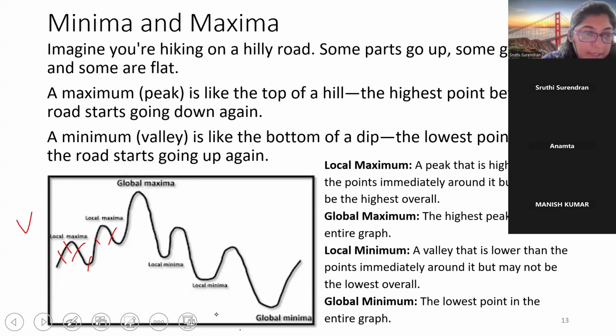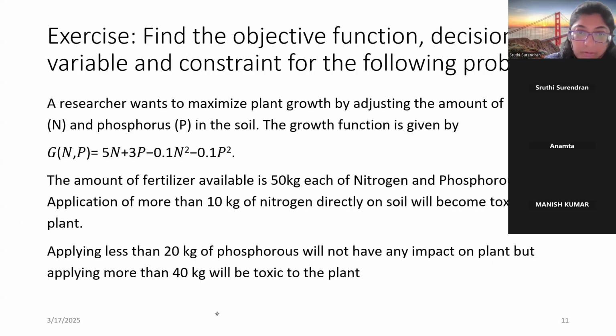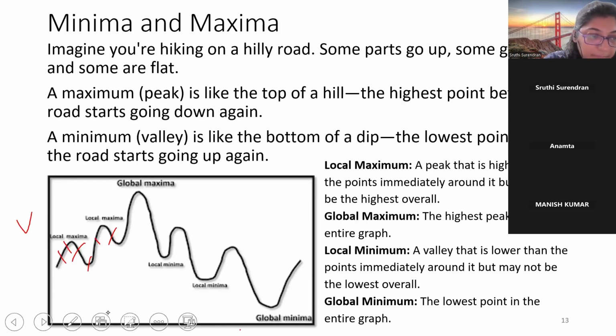Like we had discussed earlier, if this y-axis is the cost and the x-axis is v, then all these values can be some v value.